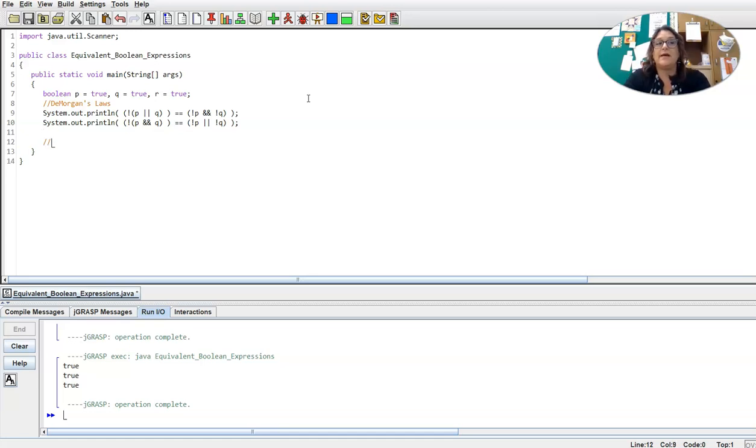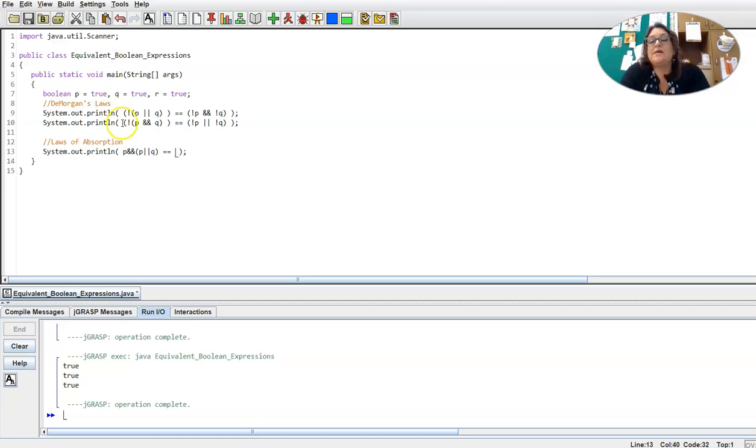Now we're going to look at one called the laws of absorption. And in the laws of absorption, okay, we're going to start with P and then P or Q. Okay, and we want to see, is that equivalent to what?